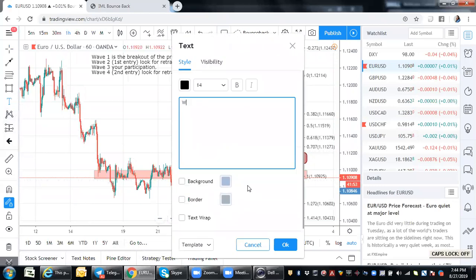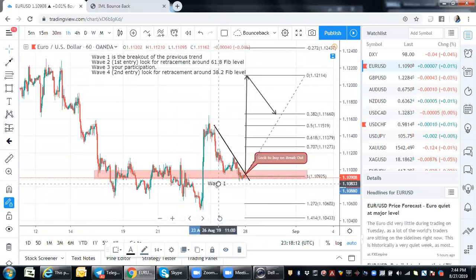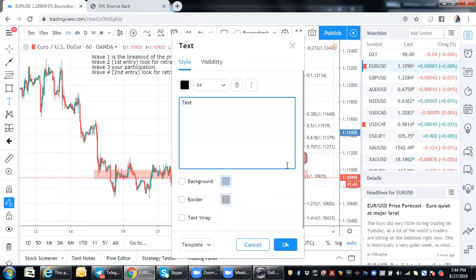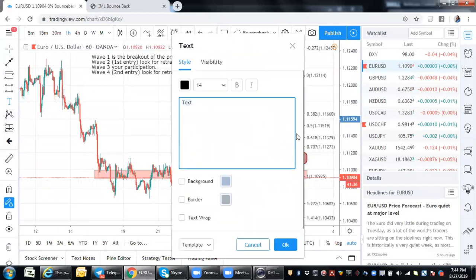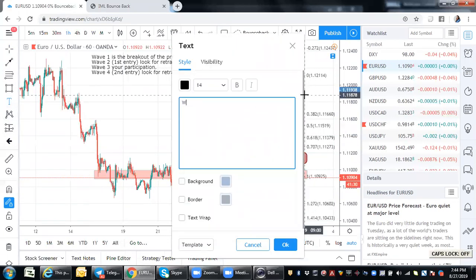I'm going to put this is wave 1, this is wave 1, this is wave 2, this is wave 3, and this is wave 4.